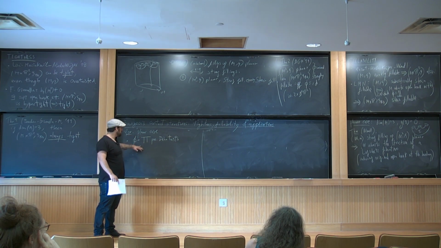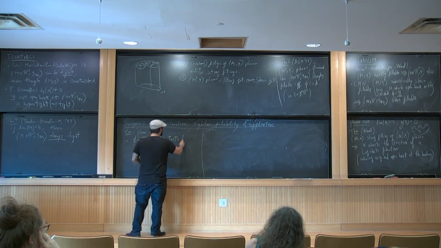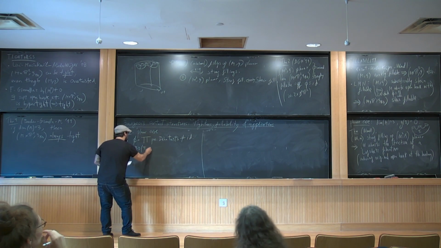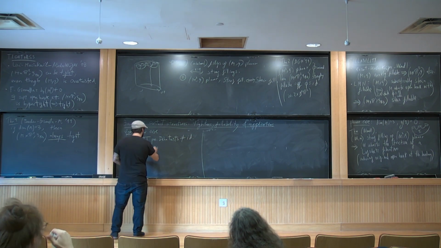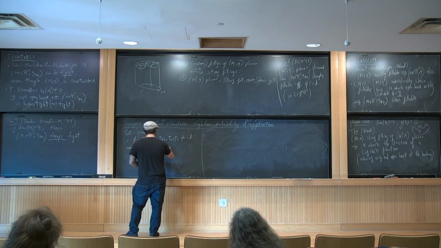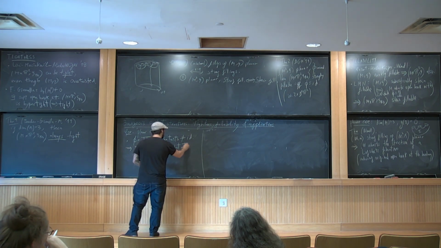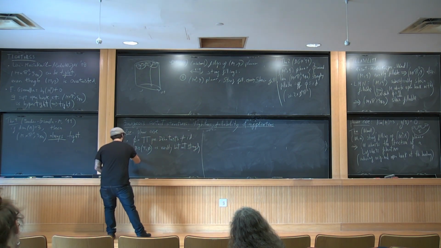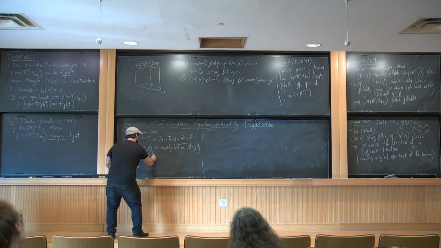So if you start with something like this, which is not the identity, then the associated Bourgeois manifold is weakly but not strongly fillable. So, weakly but not strongly fillable contact 5-manifolds.